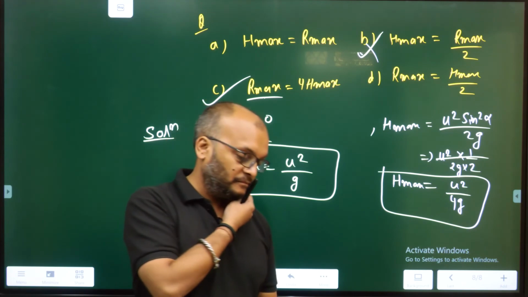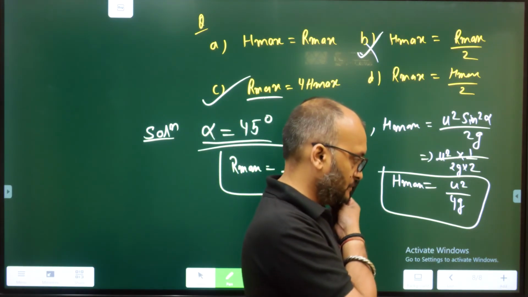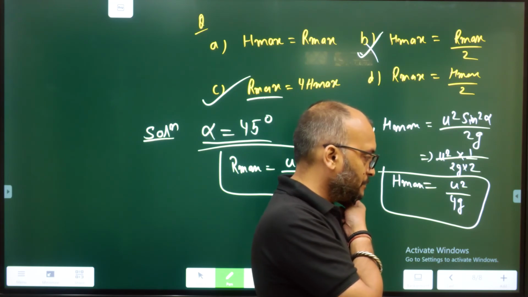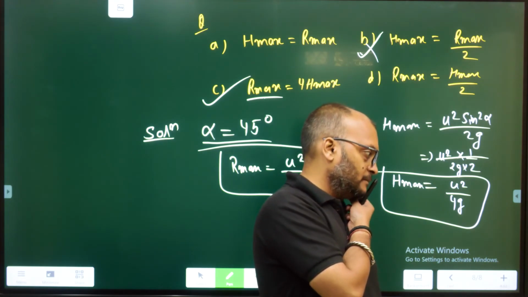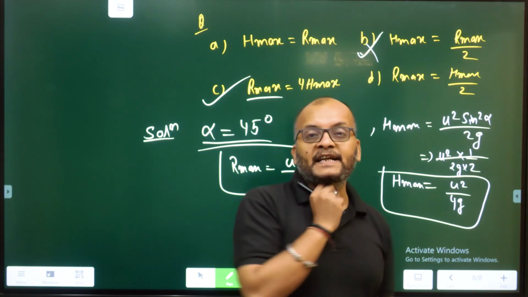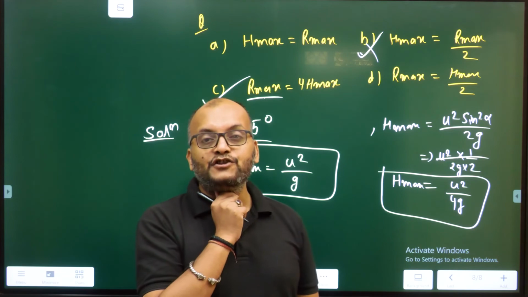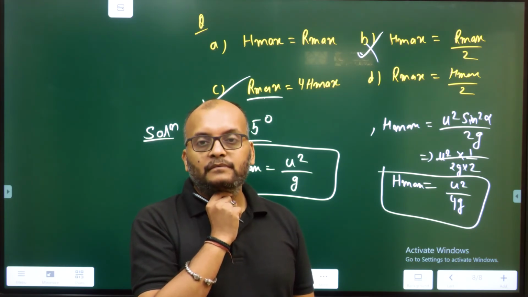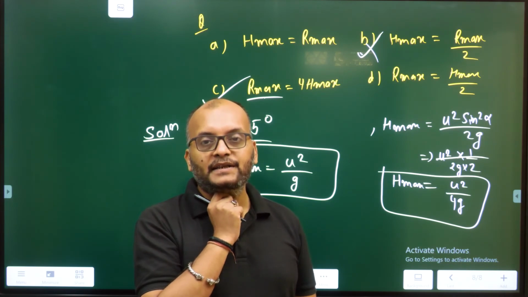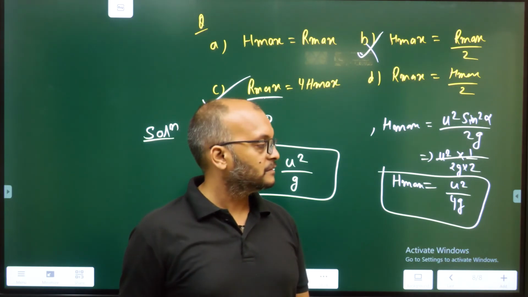Sir, can't we take different values for alpha? Sir, we can't take different values of alpha in this question. Why can you take different values? If you take different values, then how will range be maximum? At what angle is range maximum, Shaukin? 45.